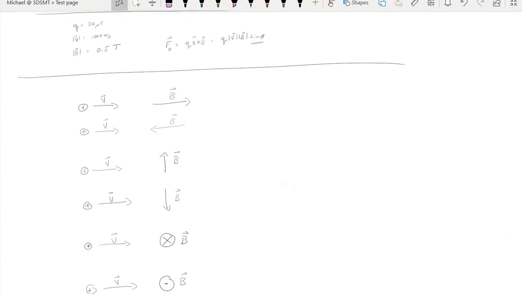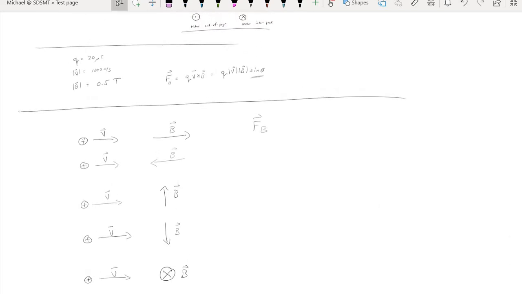All right, so now we want to know in what direction will the magnetic force vector point. For these first 2 examples, that should be pretty straightforward, because if we try to evaluate this system, and I have 2 vectors that are running parallel to each other, well, parallel vectors have an angle of 0, and sine of 0 is 0.